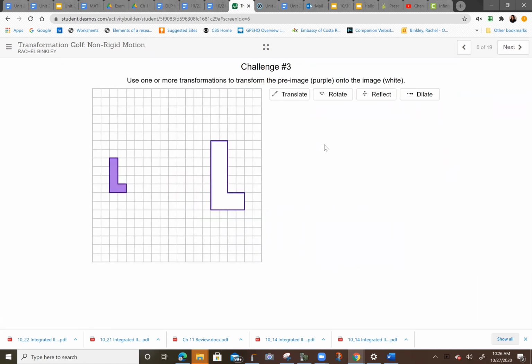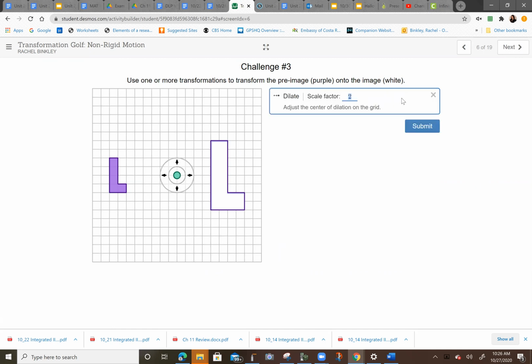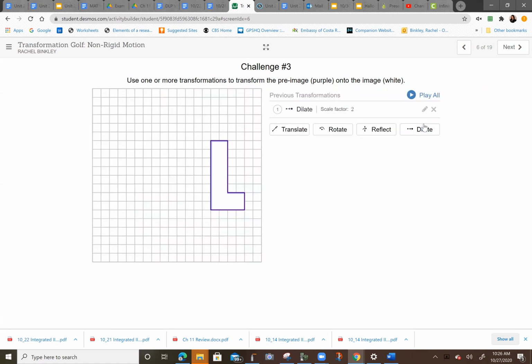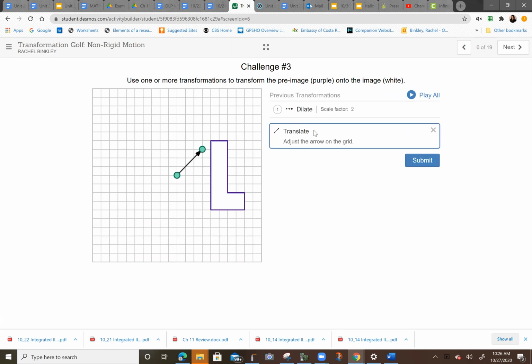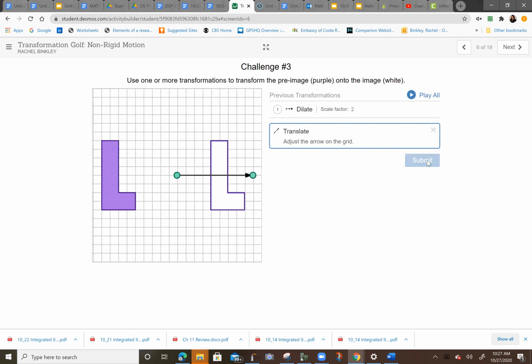So let's see. So this one, my purple shape, the first thing I'm going to do is I'm going to dilate. In order to land on top of the white shape, it needs to be the same size. So if you look, the small L, the bottom is 2 blocks, and on the big L, the bottom is 4 blocks. So if I dilate by a factor of 2, it'll make my L 2 times bigger. Now we just can't see it. It went off the page, but I promise it's there. Then it's still to the left, so I need to translate to the right a few times.